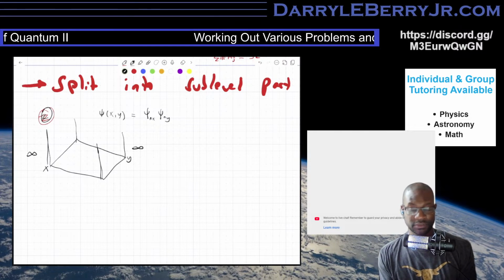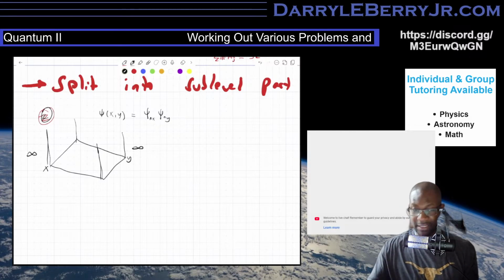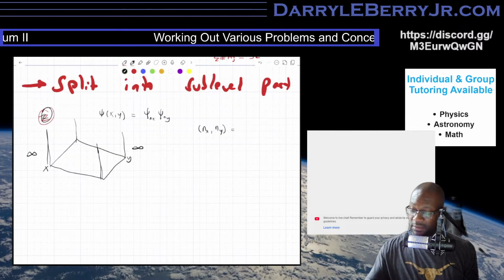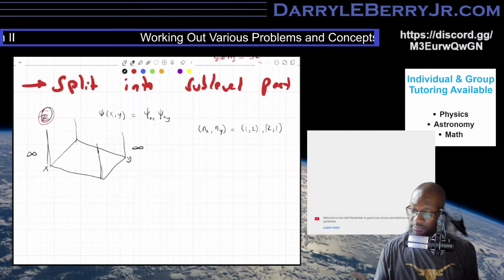So the first degenerate excited state is going to be nx, ny equals 1, 2, or 2, 1.